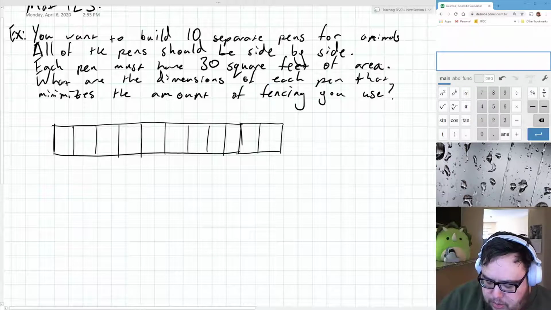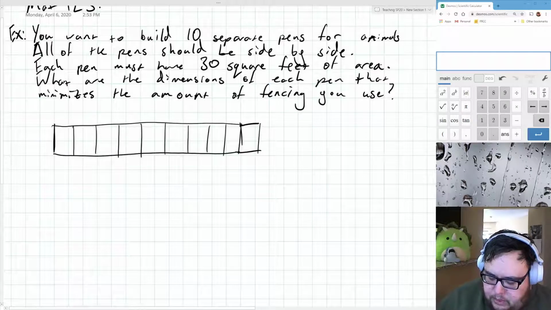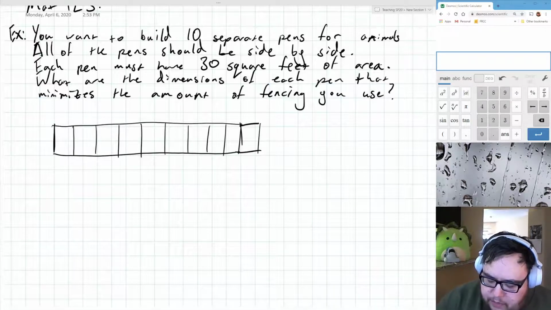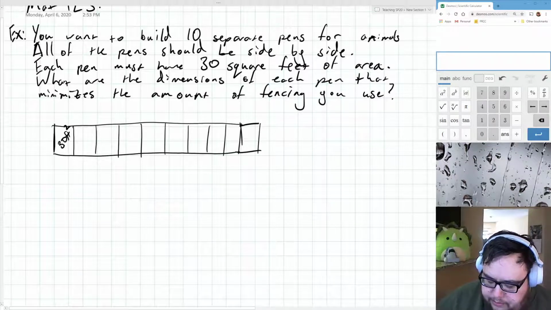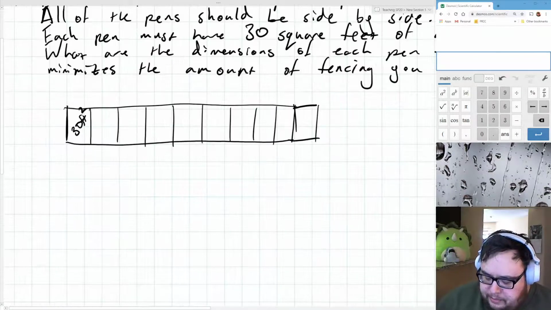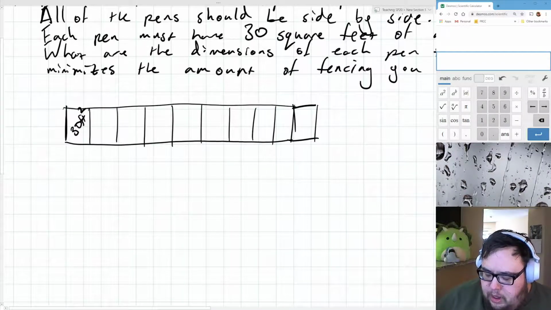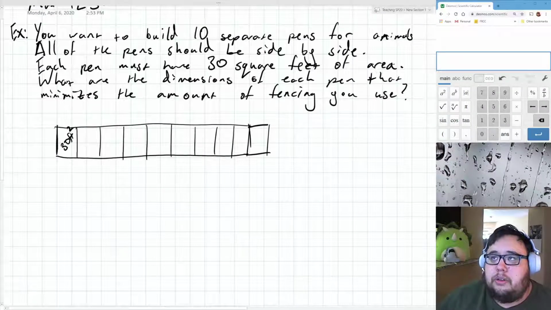So there's 1, 2, 3, 4, 5, 6, 7, 8, 9, 10 pens there. Okay. And essentially each one of these pens has to have an area of 30 square feet. And what we want to do is minimize the amount of fence we use. Okay.